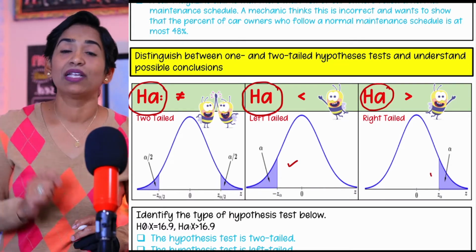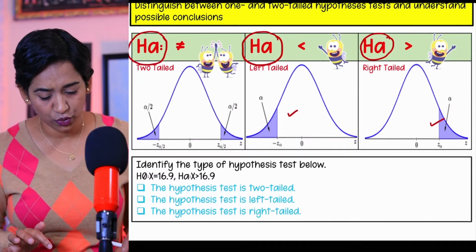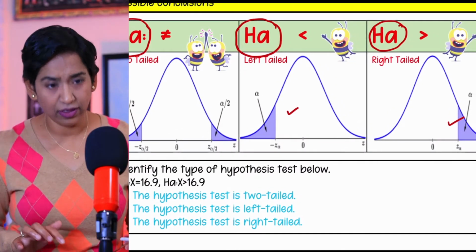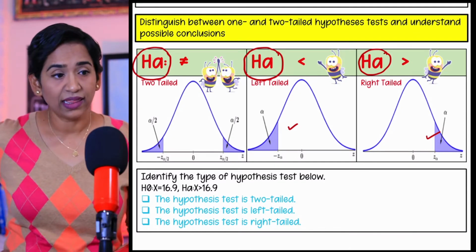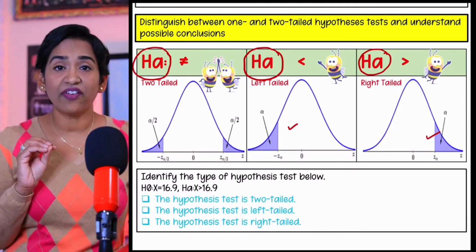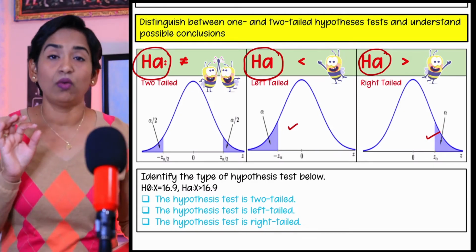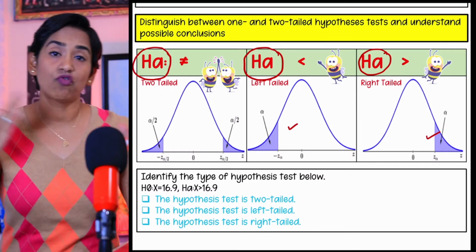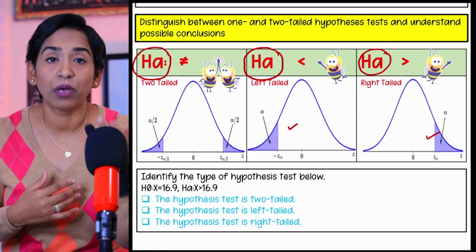Now let's see if we can use this concept in the next two problems. Identify the type of hypothesis test below. Here, the options are left, right, two. I'm not looking at my null hypothesis. I'm only looking at my alternative.